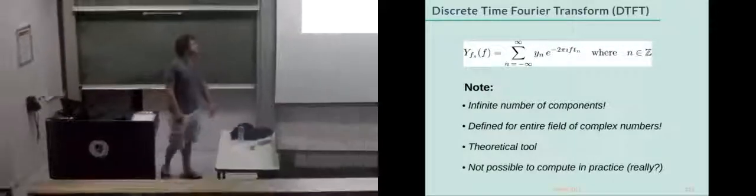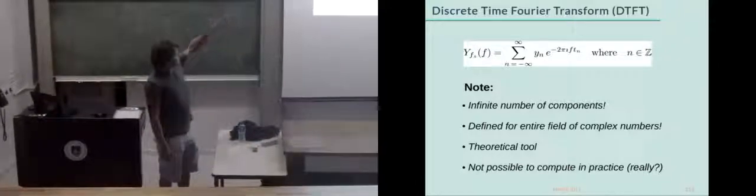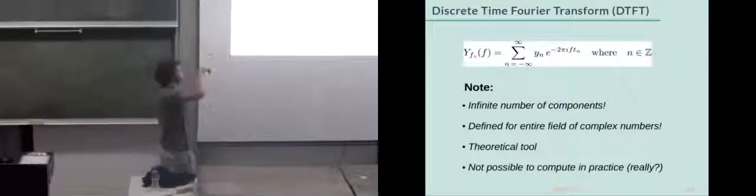Right, so I'm going to start with another theoretical tool, which is called the discrete time Fourier transform. The definition is at the top there. You'll notice the n labels the sample.